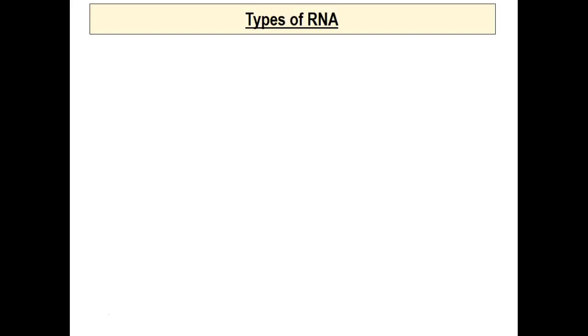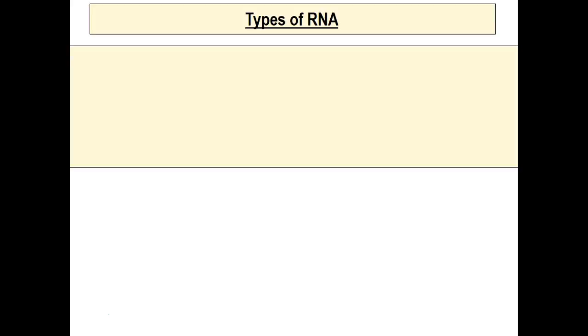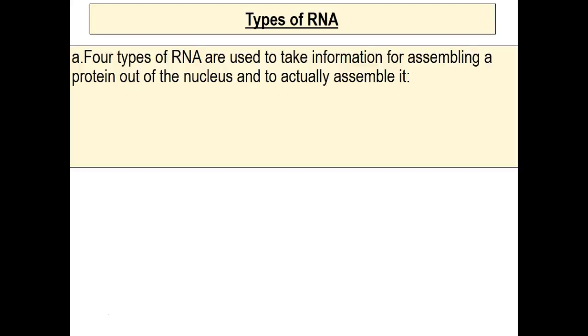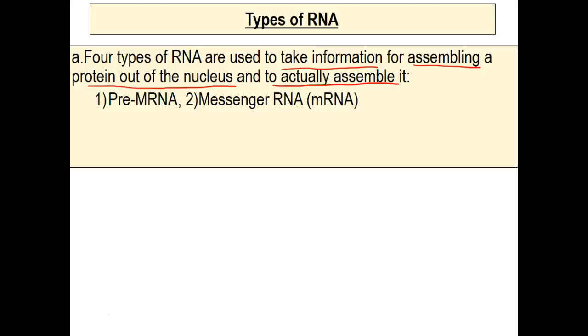Let's look at the different types of RNA that are found in the cell. 4 types of RNA are used to take information from the nucleus to the cytoplasm for assembling a protein, and also to assemble the protein, so taking the information out and then participating in assembly.